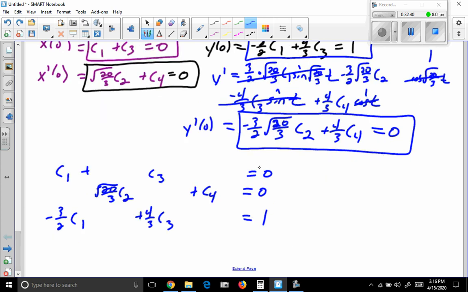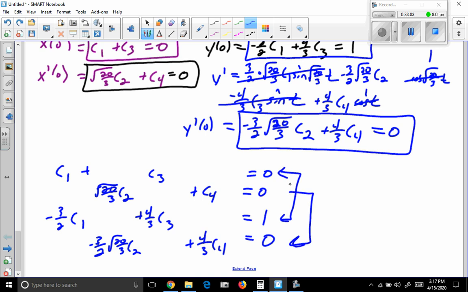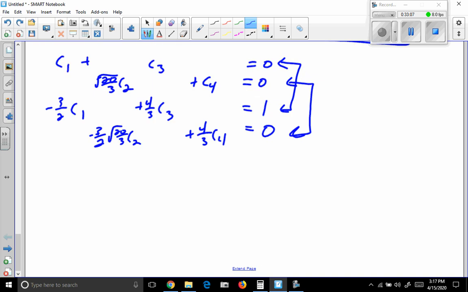And then there's a minus 3 halves root 20 over 3 C2 plus 4/3 C4 equals 0. Notice these two equations both involve C1 and C3. These both involve C2 and C4. So we could really solve this as two separate systems of equations.